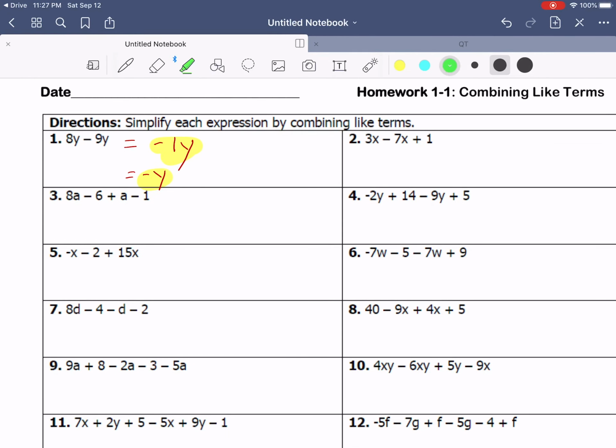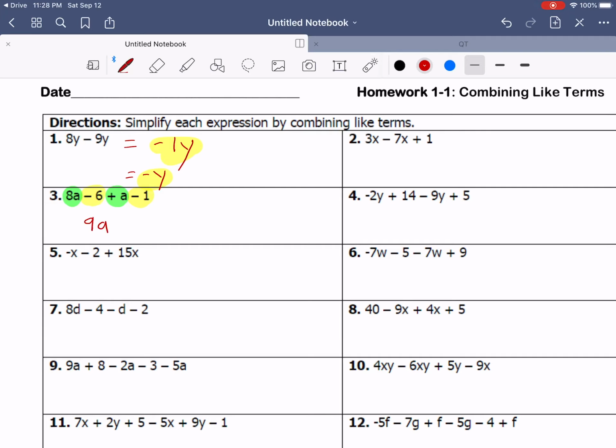Now let's see, which ones can we add, subtract? This and this, they are alike, so we can combine them. And then negative 6 and negative 1, they are alike. So let's get started. First one, 8a plus a, that's going to be 9a.